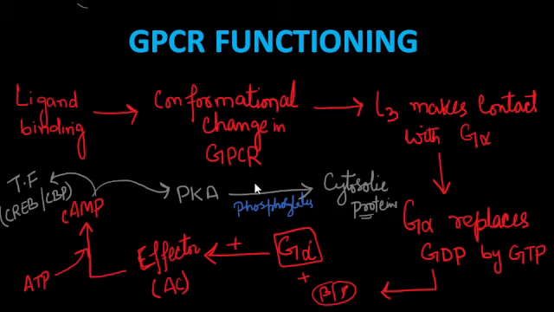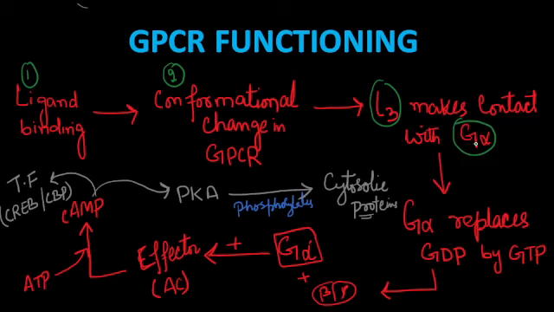Listen, in GPCR functioning, the first thing that's going to happen is that the ligand will come and bind with the GPCR at its binding site. Once it binds, it will lead to the conformational change in the receptor. Due to this conformational change, the L3 gets activated and it gets attached with the alpha subunit of the G protein.